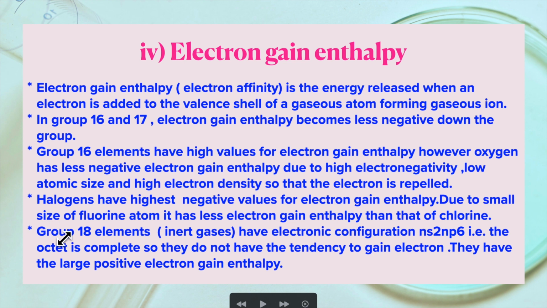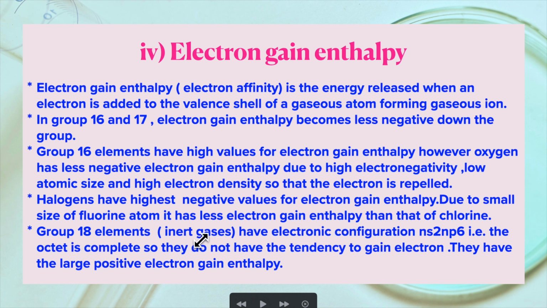Due to the small size of the fluorine atom, it has less electron gain enthalpy than that of chlorine. Remember, fluorine has smaller size than chlorine, but due to the small size, the added electron is repelled, and so it has less electron gain enthalpy than chlorine.